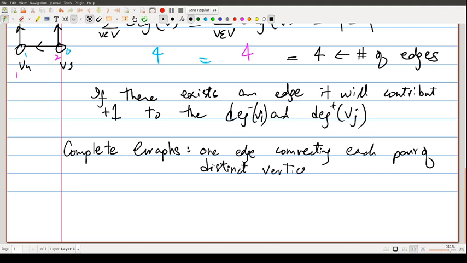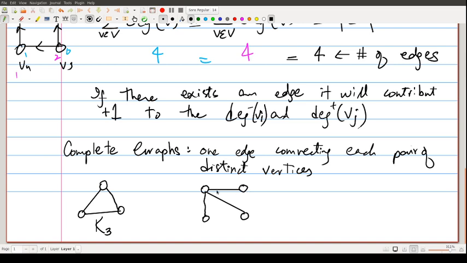So for example, if I have 3 vertices and I connect each pair with just one edge, we call this K3. Similarly, if I have 4 vertices and draw one edge between each pair of distinct vertices, I start with this vertex and draw one edge outwards towards each of the other ones.